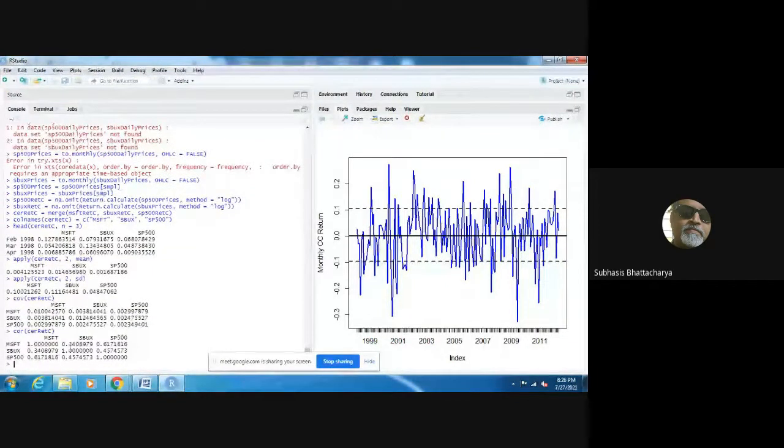So look, this is the correlation. That means which two are highly correlated. You find that SP500 and Microsoft are highly correlated, that is 61% correlation, and 45% correlation between Starbucks and SP500. This kind of statistics we can derive from multivariate analysis.